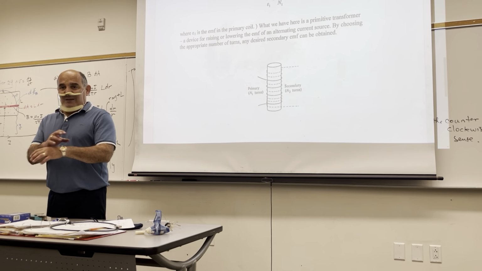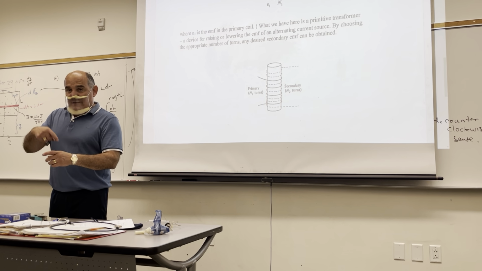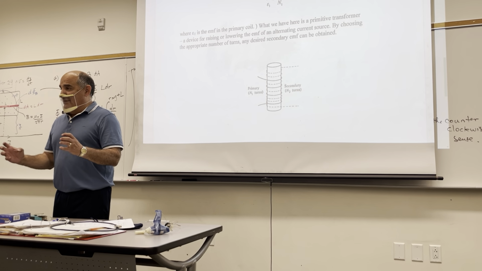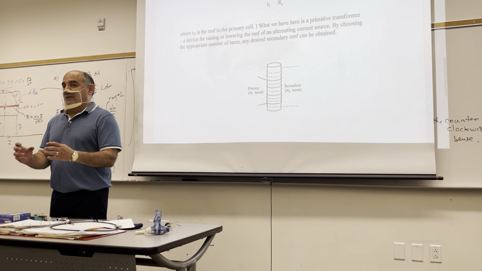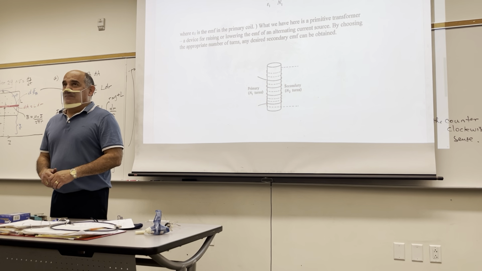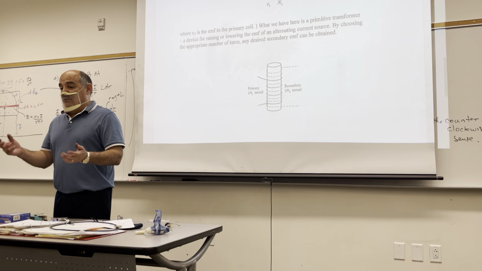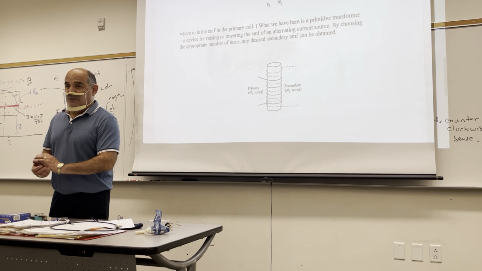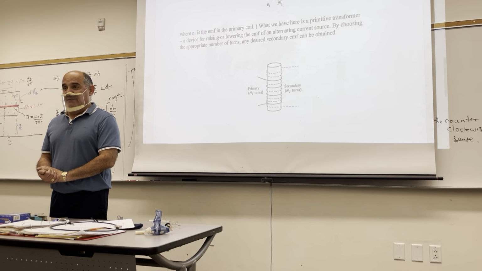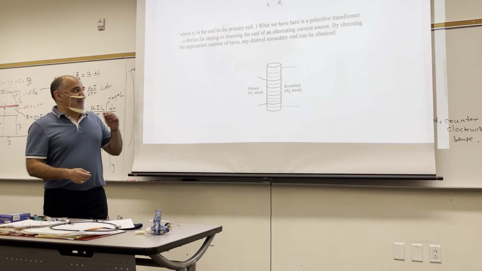I'll give you a set of coils with different numbers of turns, and then you're going to build a transformer that will double the voltage that you put in, quadruple the voltage, multiply by a factor of 8, and also maybe halve the voltage, reduce it by a factor of a half. So you play with it. That'll be the last lab that we're going to do.